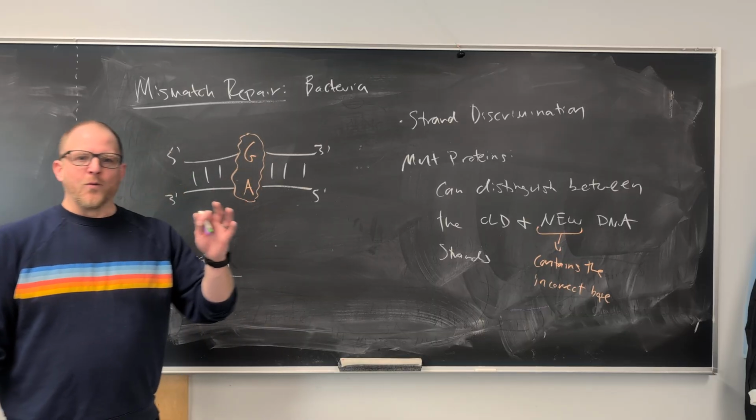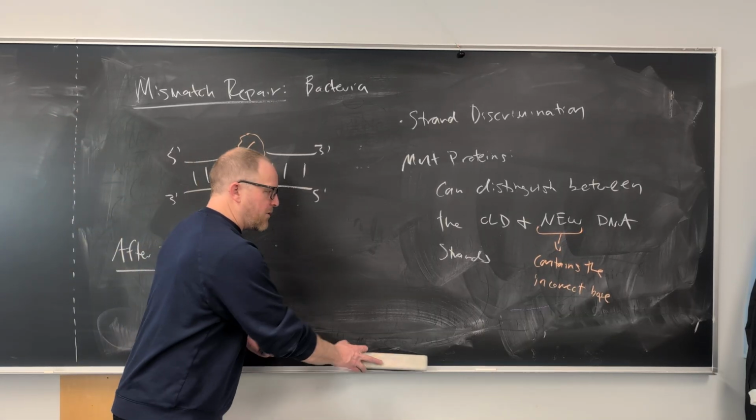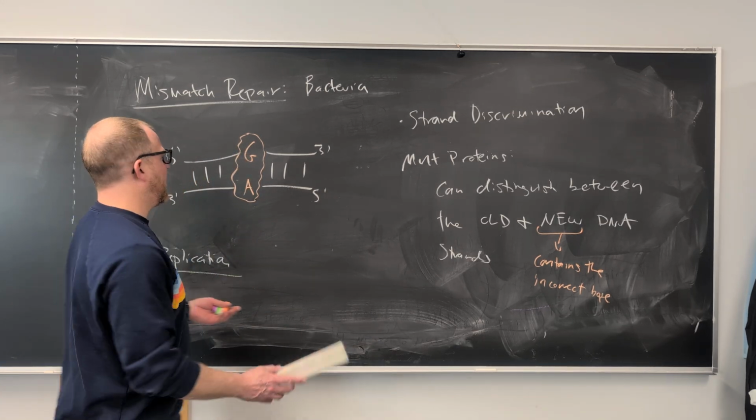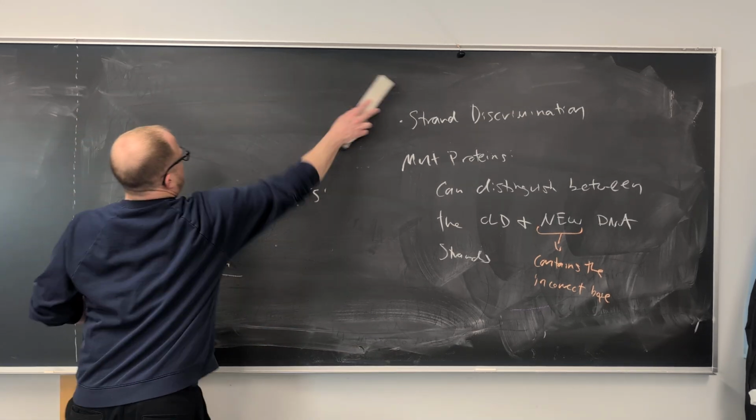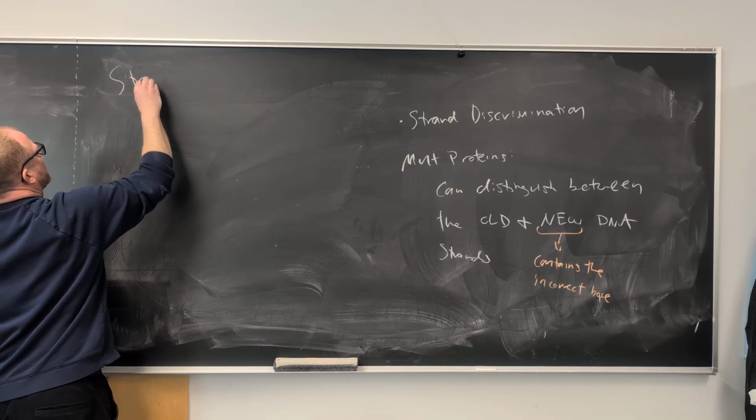So this is going to get into the weeds a little bit. This is going to get down to the level of chemical modifications of DNA. So let's talk about strand discrimination a little bit.